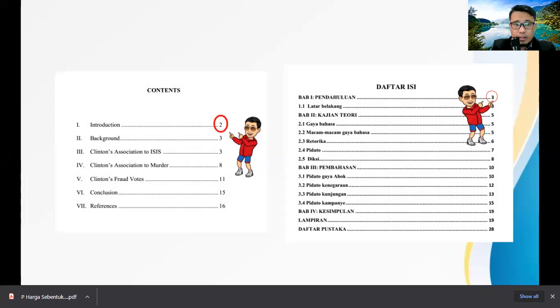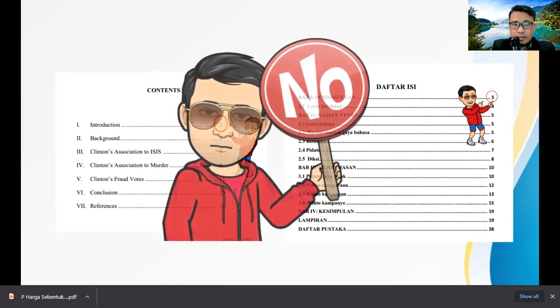If you look at the daftar isi, the title page and daftar isi already have numbers 1, 2, and then the pendahuluan is number 3. It's supposed to not be like that. You have to put the title page and content page in Roman numerals. So that is what is wrong in your content page.